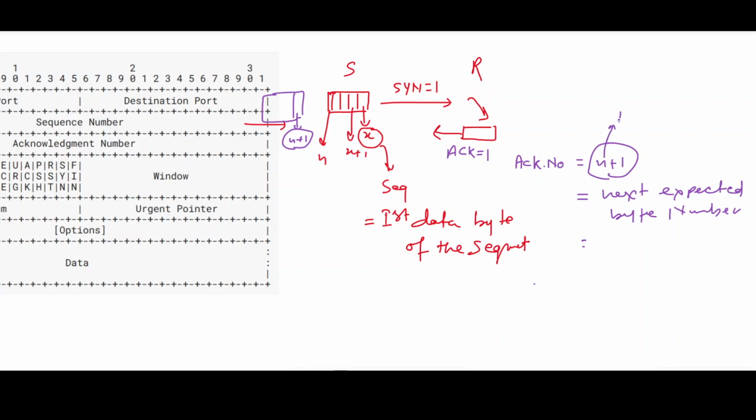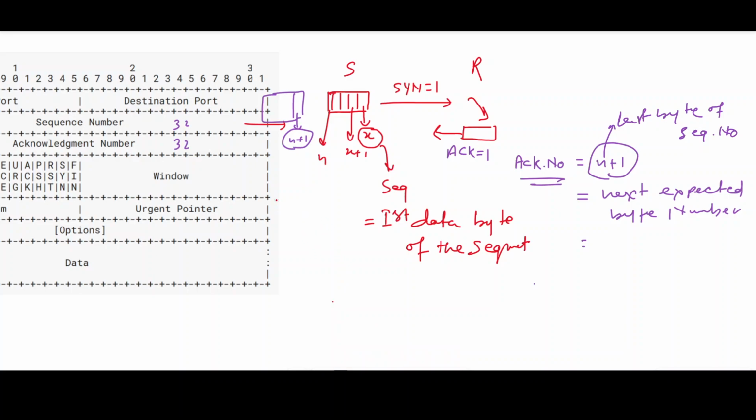This is the last byte's sequence number, and if we increment it by 1, then it will be the acknowledgement number. This is the basic understanding of this definition. Clear? Now you will be able to understand the range of sequence number and acknowledgement number, because this is a field of 32 bits, and that is also a field of 32 bits. Then what do you understand from this?